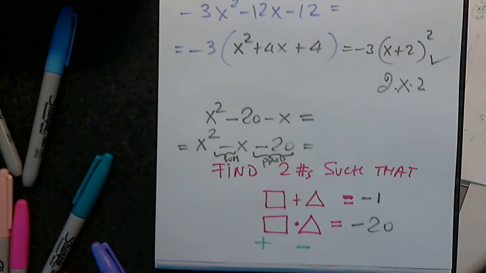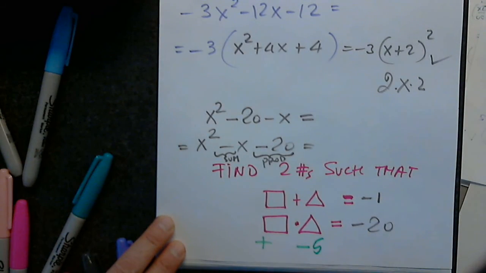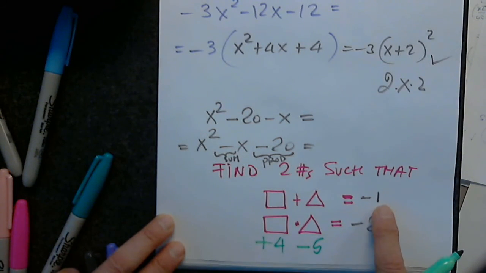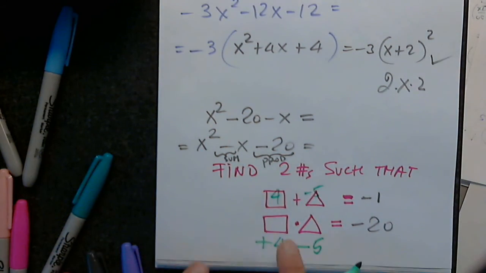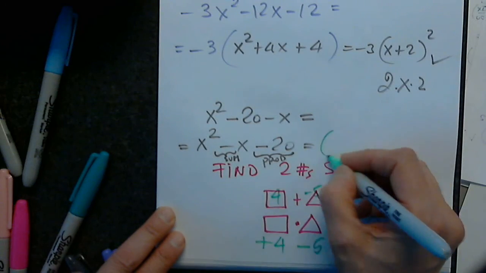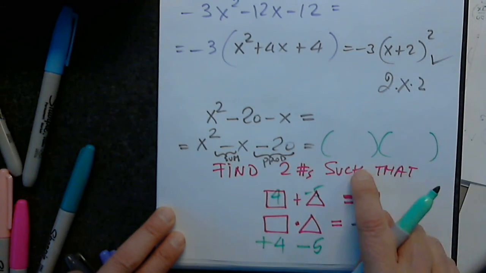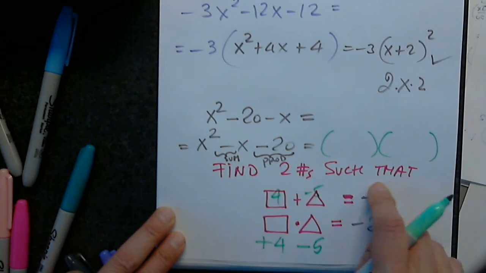Yes. Which one is positive, which one is negative? Negative 4? Oh, negative 5. Yes, because the sum has to be negative 1. So this is 4 and this is negative 5. The sum is negative 1, the product is negative 20. And these are the numbers I will be using to factor.